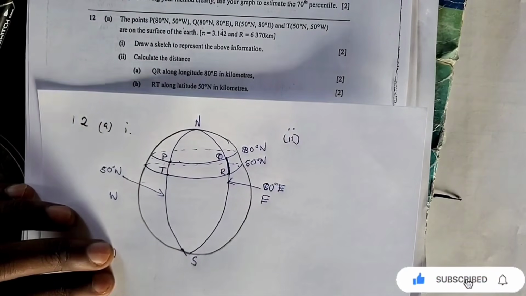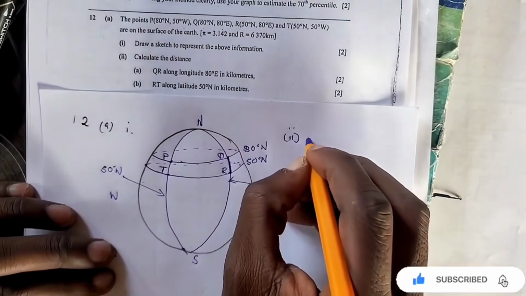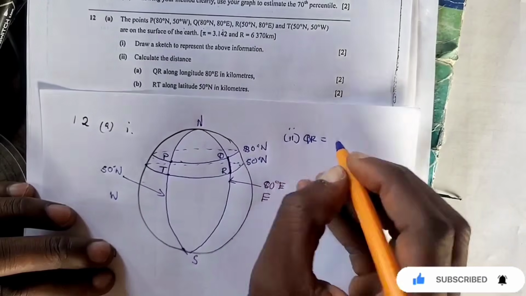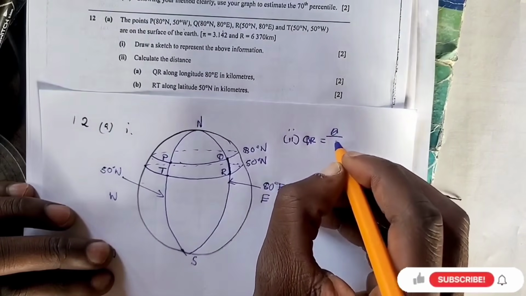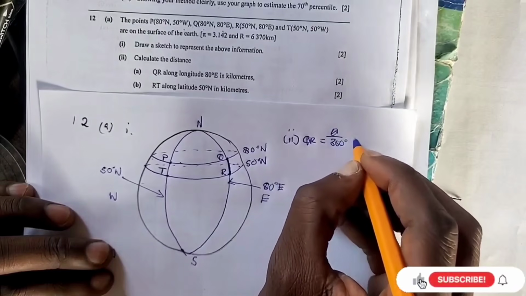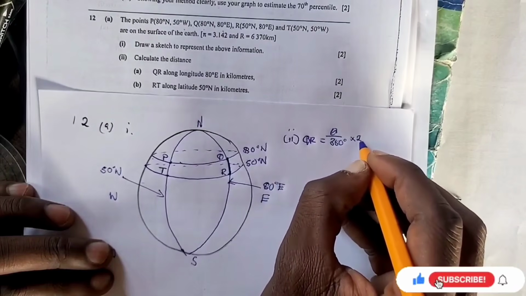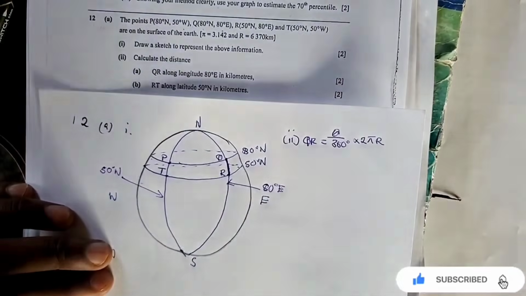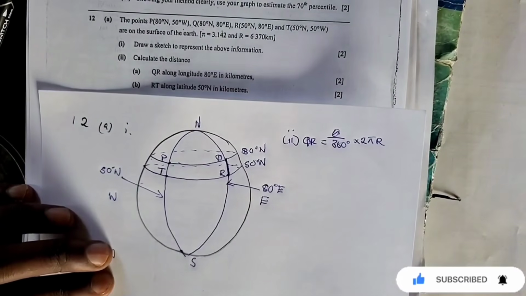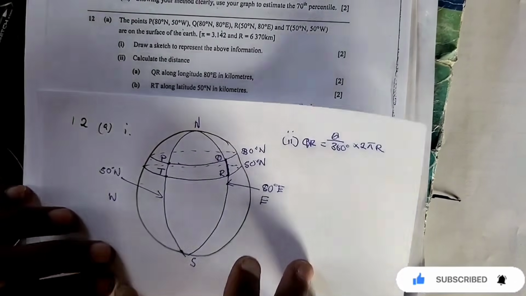So you know the formula to use. QR equals theta, which is the angle, the difference in latitude, over 360 times 2 pi r. Just like that, pi r.